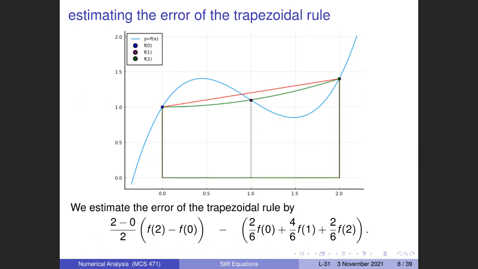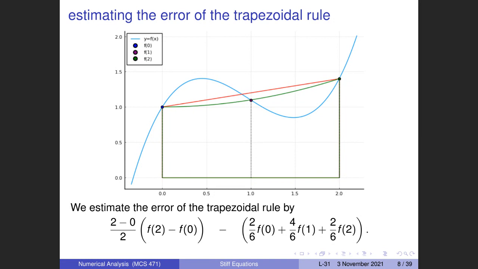Here then you see the idea. How can we now use the Simpson rule to estimate the error of the trapezoidal? Well, we do one more point and we compute the contribution of the Simpson rule.